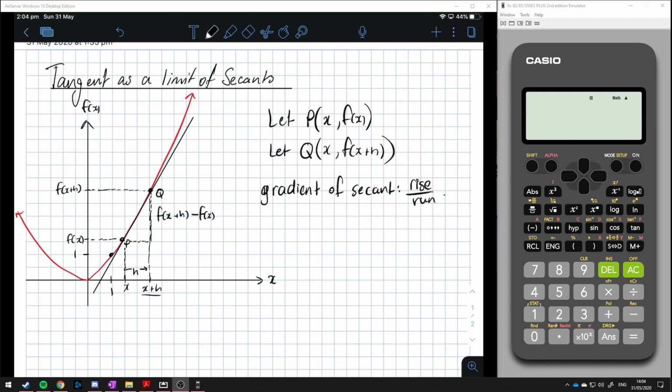So if Q is f of x plus h and P is f of x, it's just the difference between those two. And my run is just the difference between x plus h and x. So that one's just h.